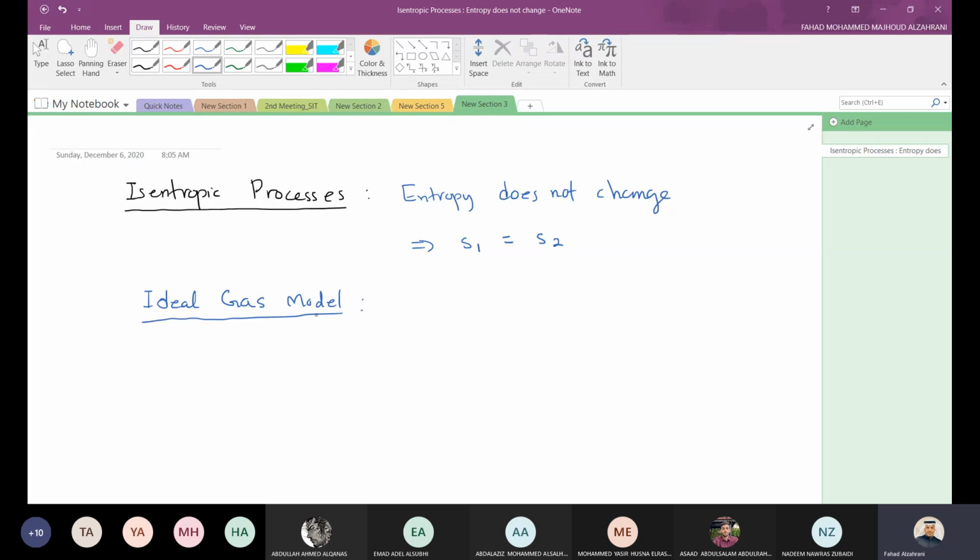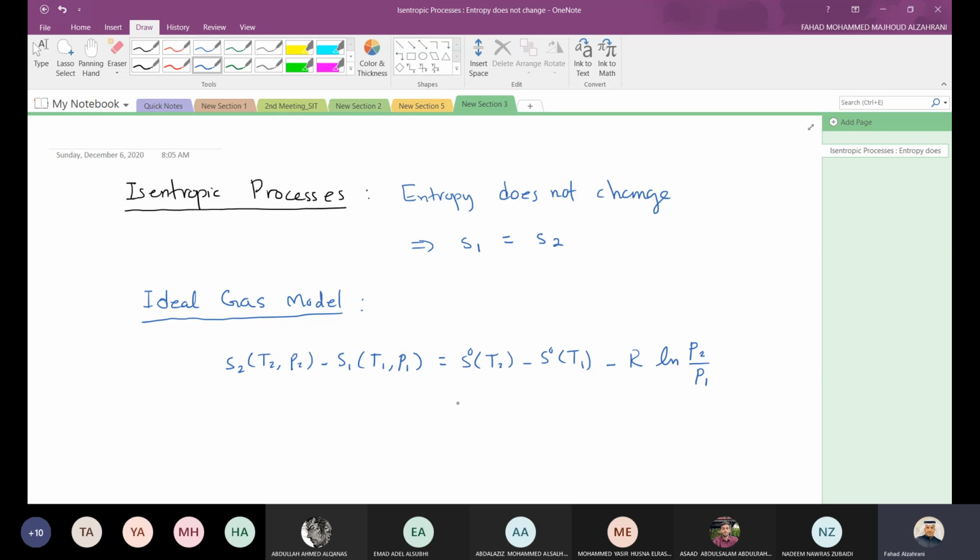If you remember, the equation we defined for the entropy change is: S2 at T2 and P2 minus S1 at T1 and P1 equals S naught at T2 minus S naught at T1 minus R ln P2 over P1.